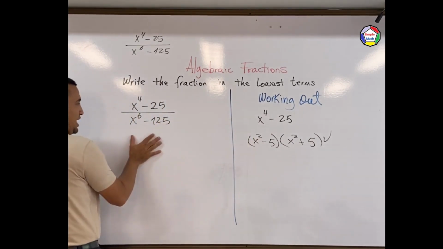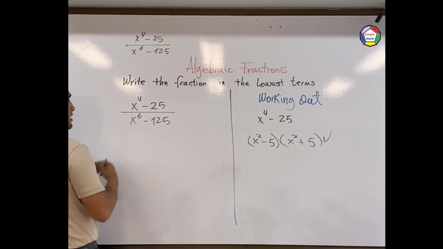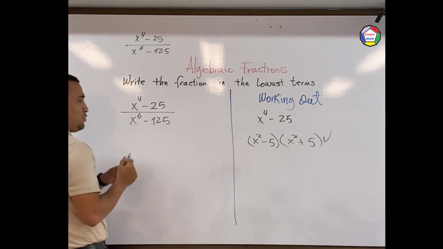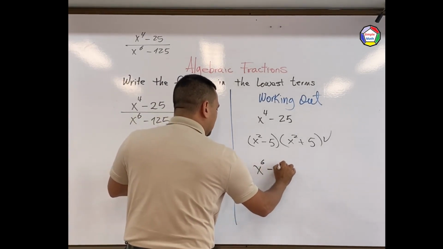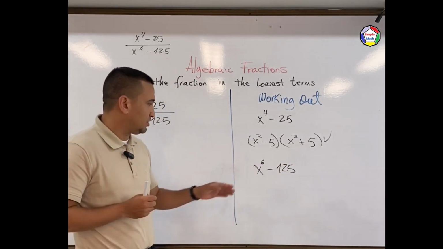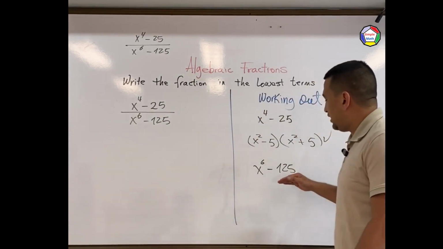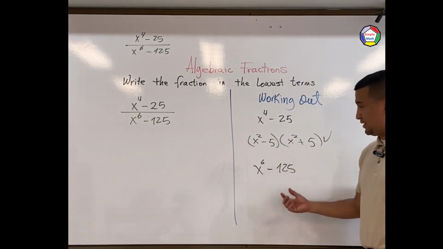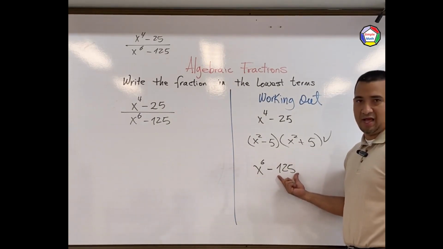The same situation happens with the expression below in the denominator, which is x exponent 6 minus 125. This is not a common factor. This is not a common factor by grouping. This is not a difference of squares because this one has a square root, but this one doesn't have a square root.